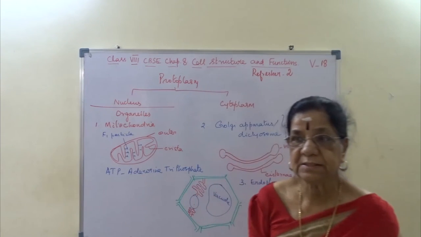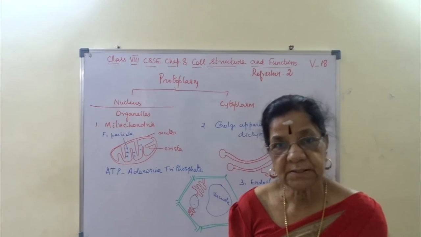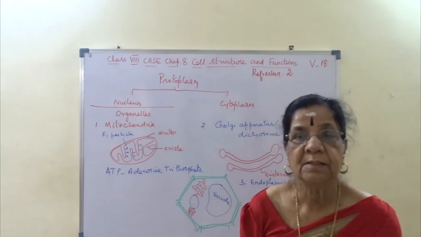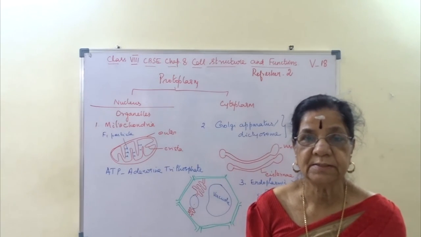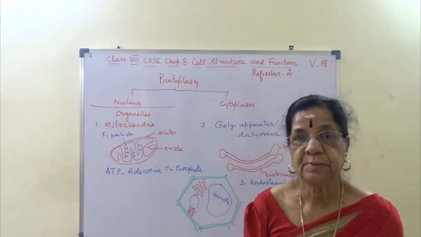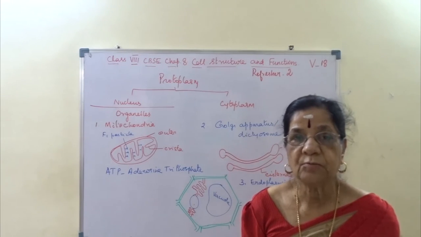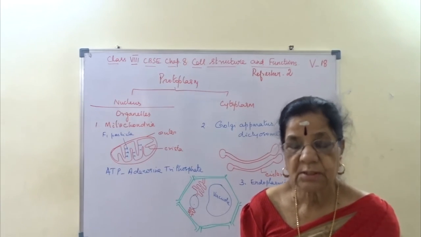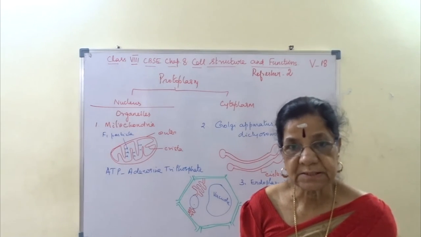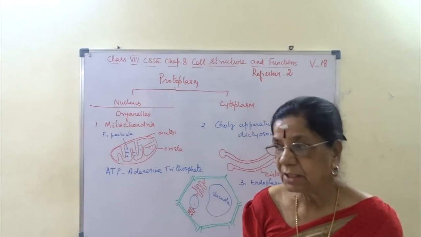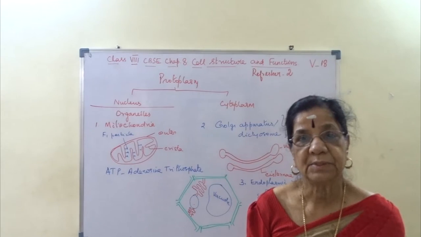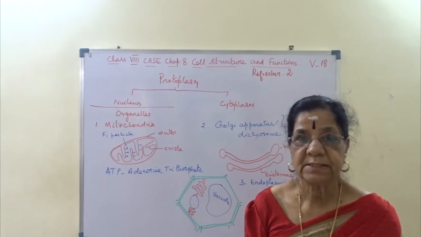Actually, a plant cell can be differentiated from an animal cell by the presence of a definite cell wall giving definite shape, then the presence of a large vacuole, and third, the presence of plastids. Whereas these three are absent in animal cells. I hope you understand.